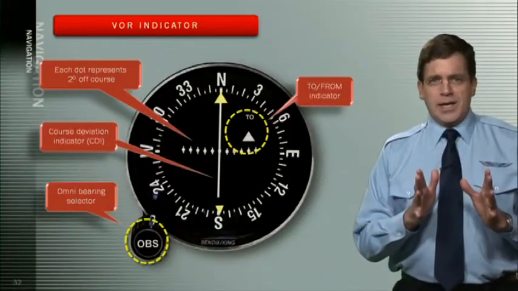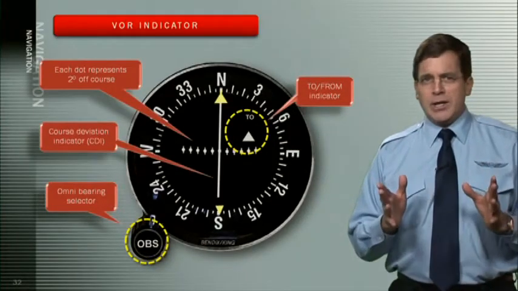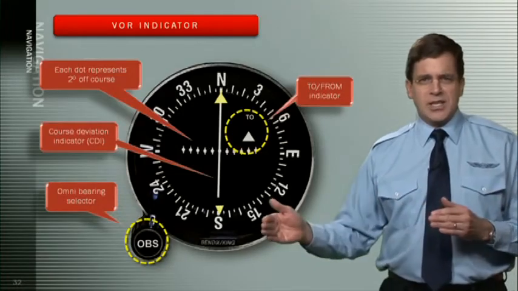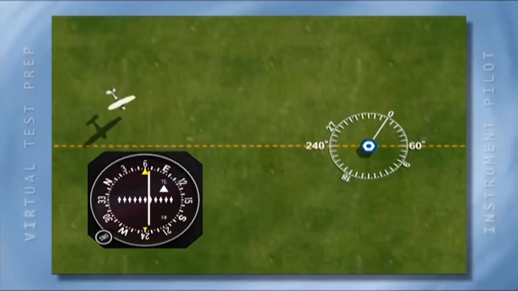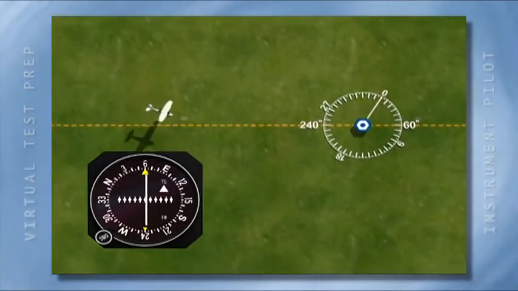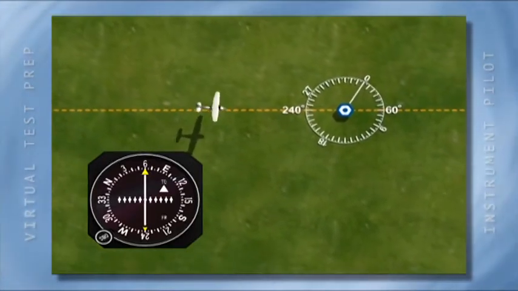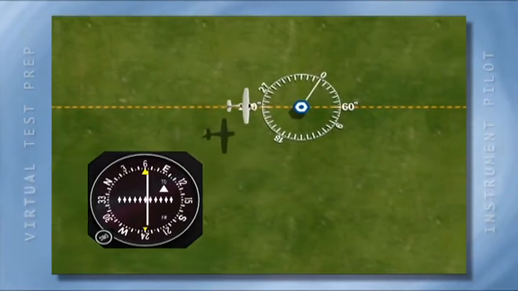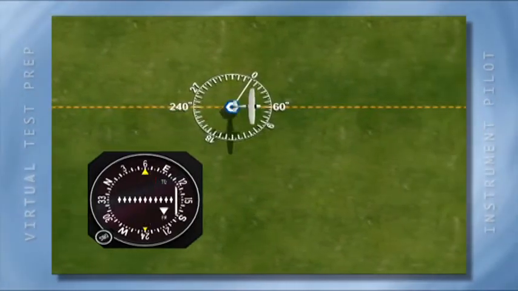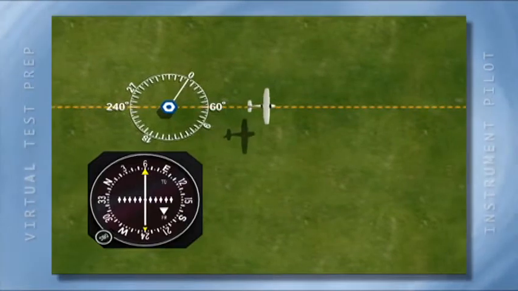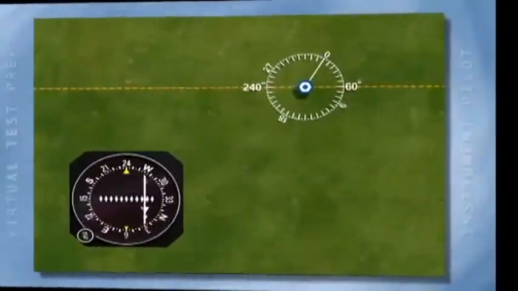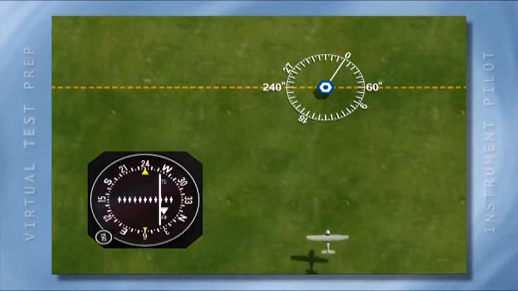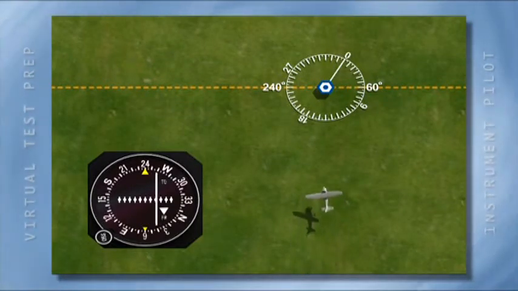The to/from indicator helps you know which radial will guide the aircraft to the station or the radial that will guide the aircraft away from the station.